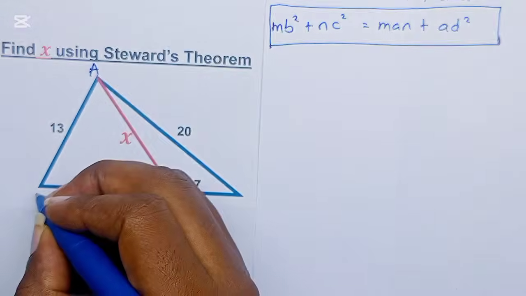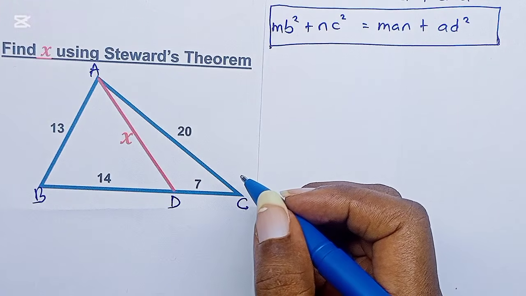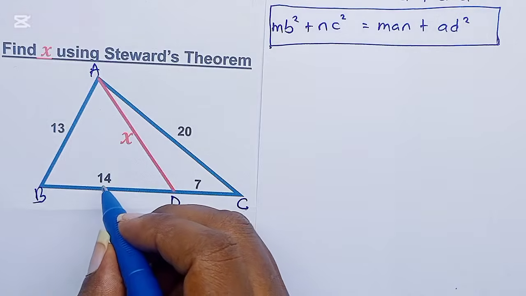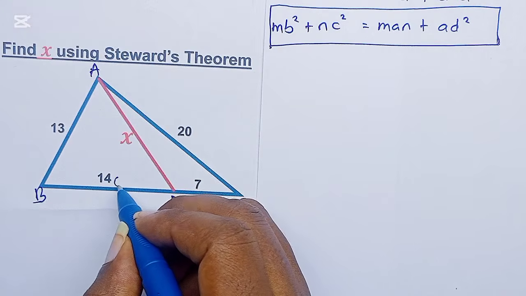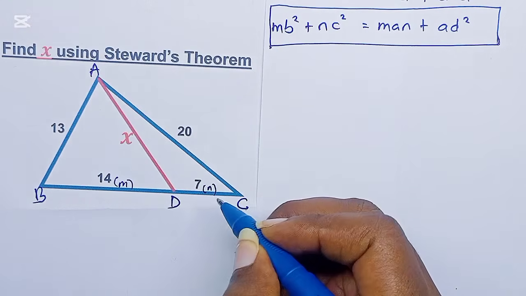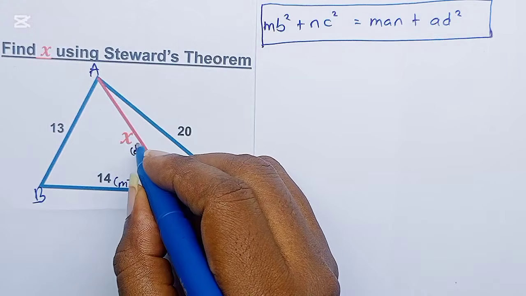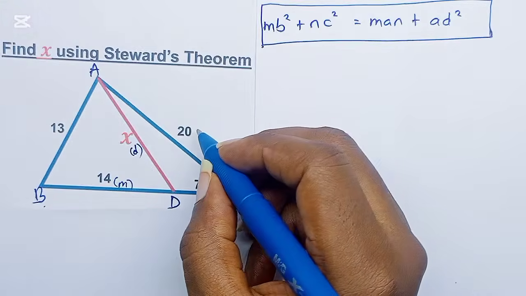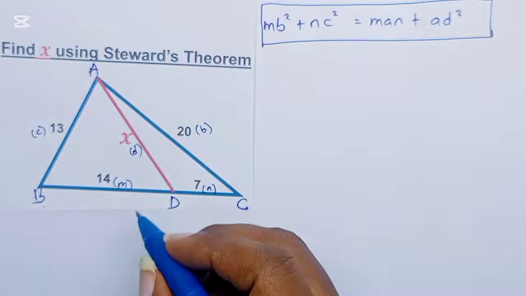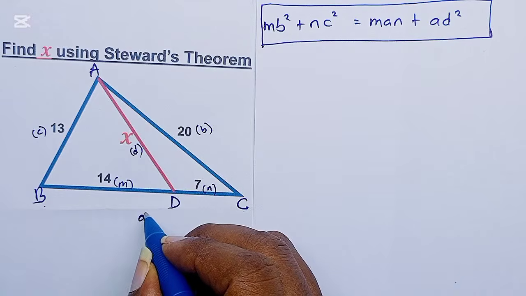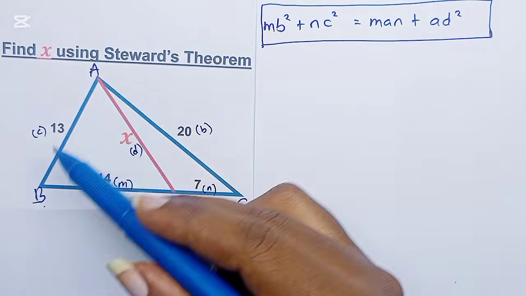So if this is our A, B, C, and this is D, according to the previous diagram that we used to prove, this is M, this is N, this X here is D. The opposite side of B is B, opposite side of C is C, opposite side of A is A. So we have these values here.